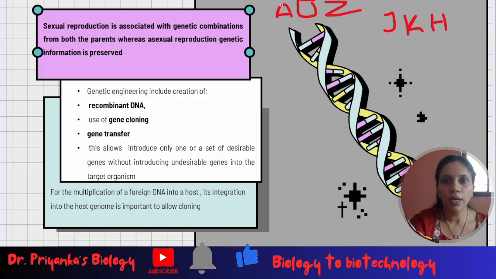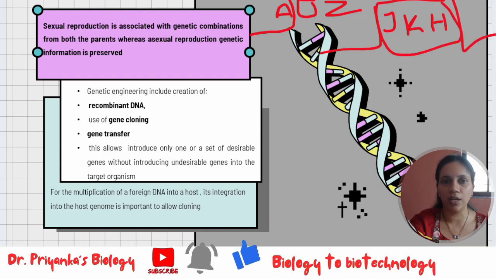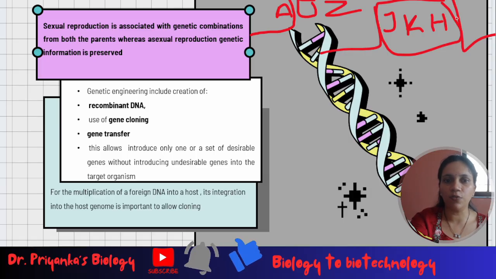We will have to cut and erase the alphabets before J and the alphabets after H, so that we are left only with this. So what are we doing? We are making changes in the sequence of the alphabet.